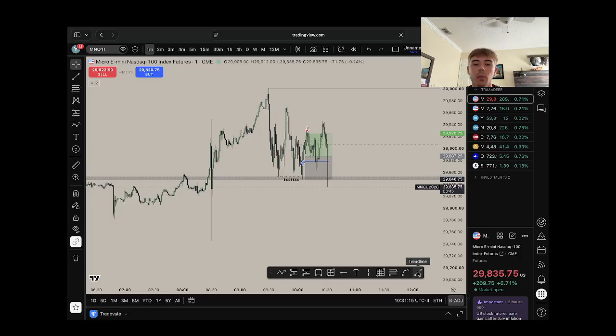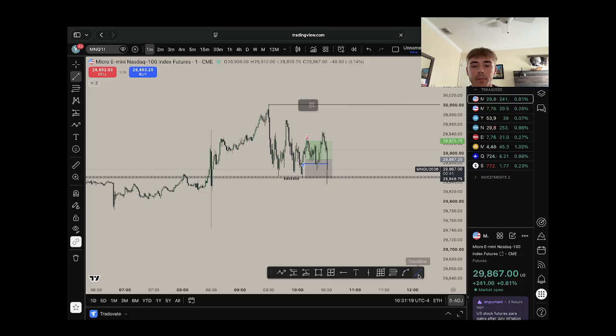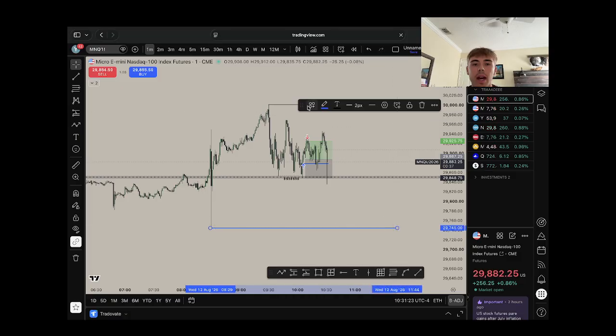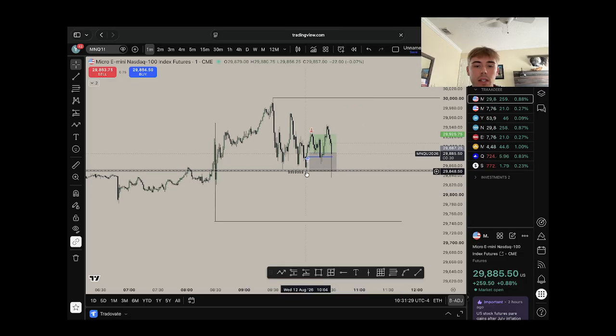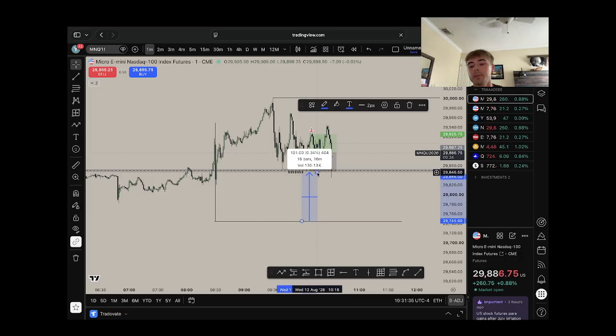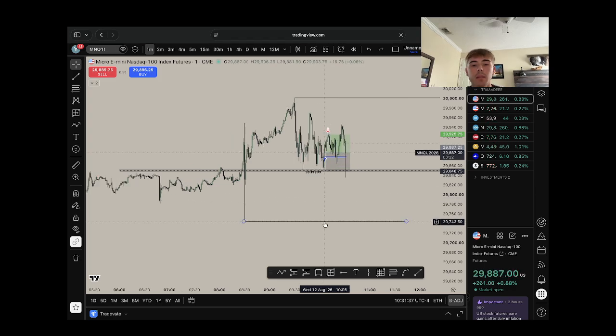For that day, we were very, very close to the data wick. So it was basically a relative equal low with the data wick. Whereas this one, we have a lot of room to go towards the data wick. We're 100 points away.